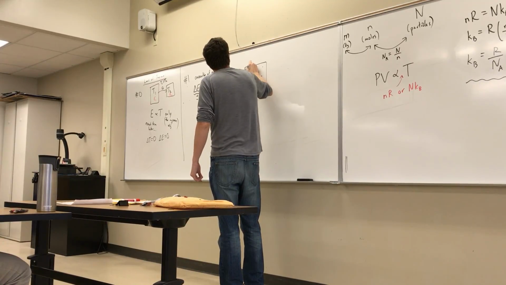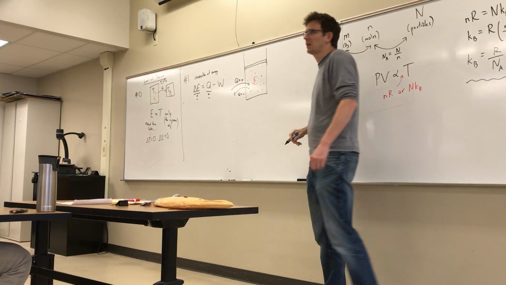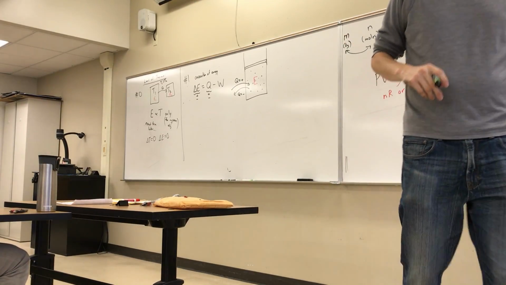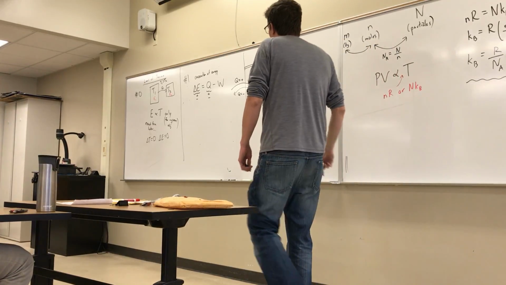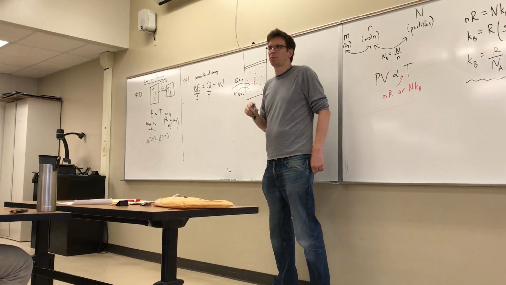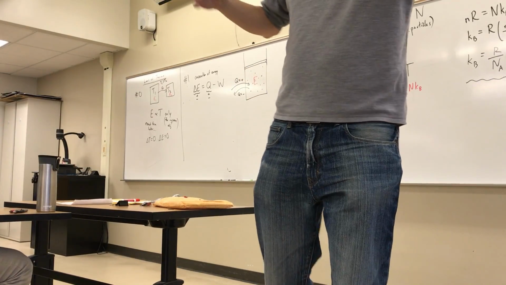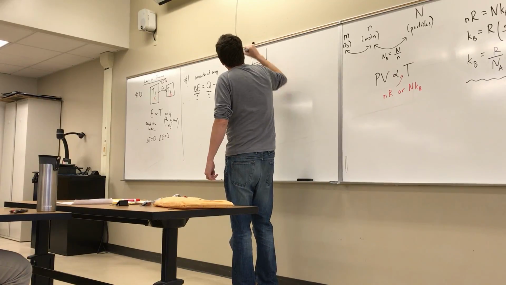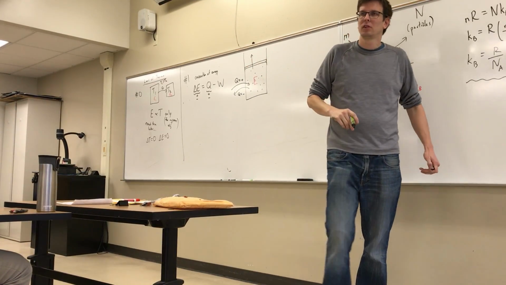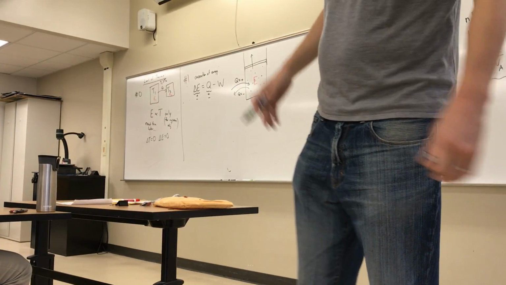So imagine that this side of the container is like a movable piston. So we know that a gas can exert pressure, and if you exert pressure on something that can move, that piston will be pushed away, right?